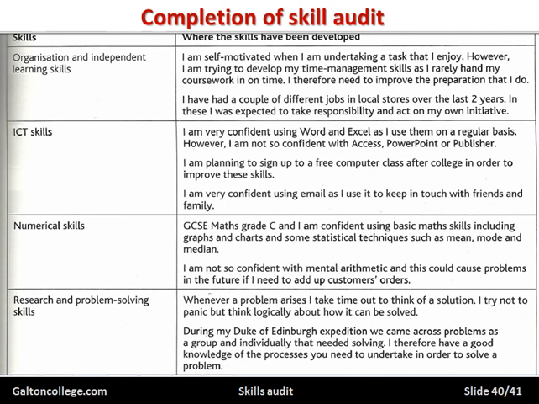And there are other types: organization, independent learning skills, computing, numerical skills, research and problem solving skills. And it's important to make a list of the achievements you've had in looking at each of these skills. Have you got good computing skills?